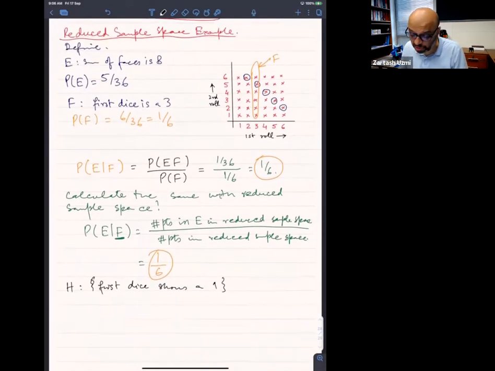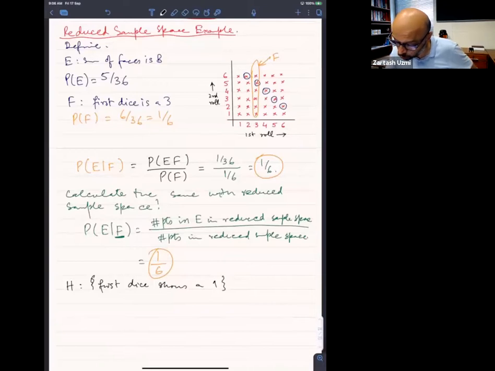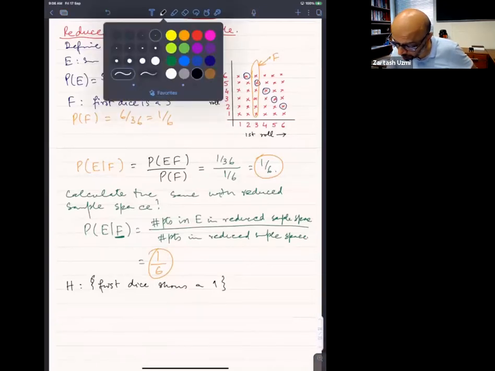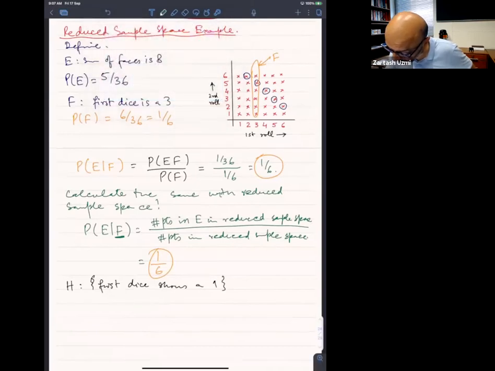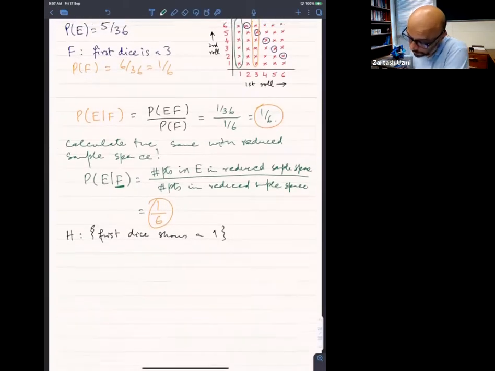So where is H? We show H in this green color. So H is this color. This is your H.